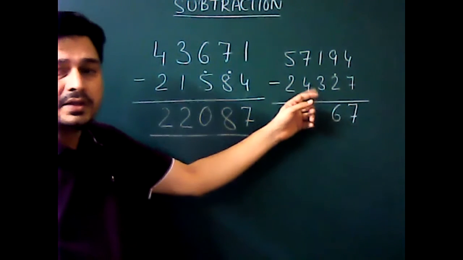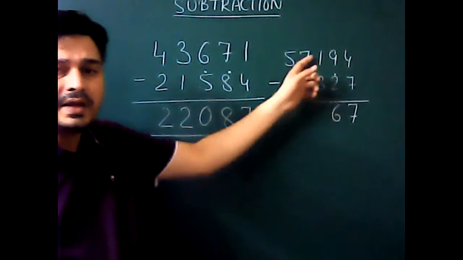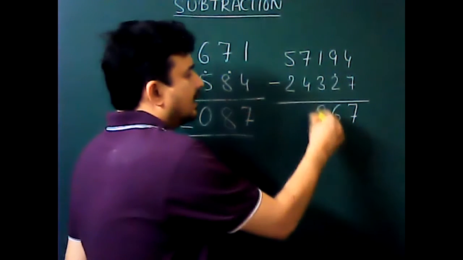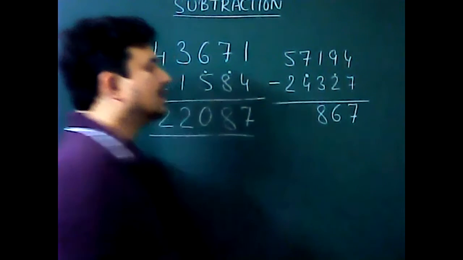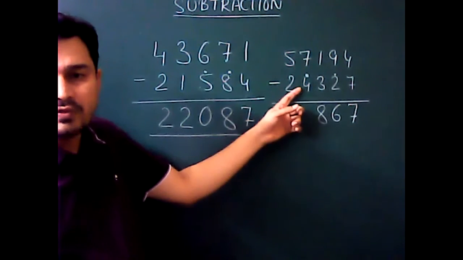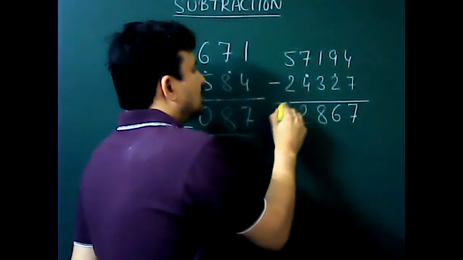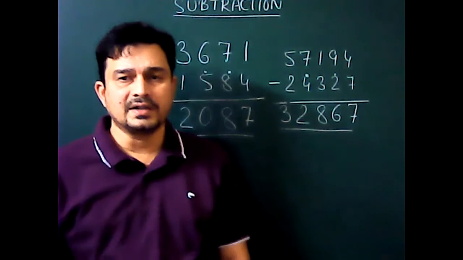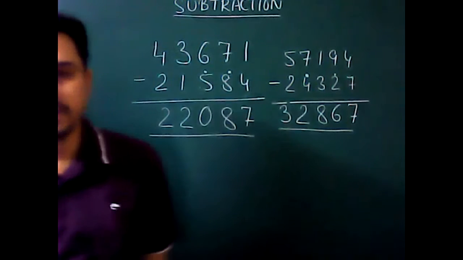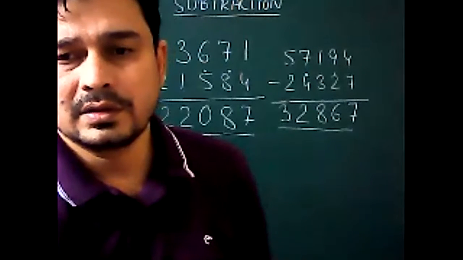Now this is 3. So the best friend of 3 is 7. Add 7 and 1. It becomes 8. You took the best friend in this step, so put a dot over here. Now 7 minus 5 is 2. And finally 5 minus 2 is 3. So the answer is 32867. Is this technique clear? Yes.